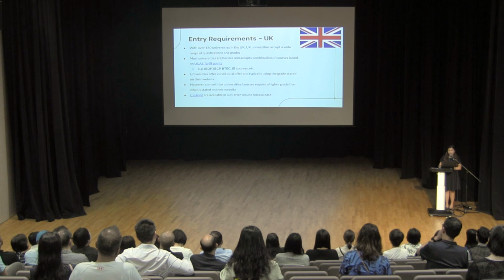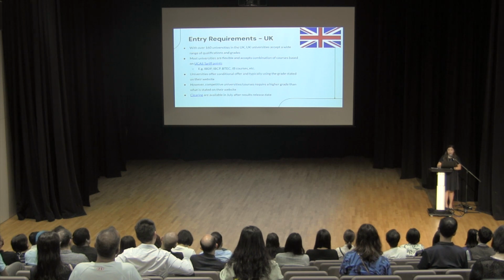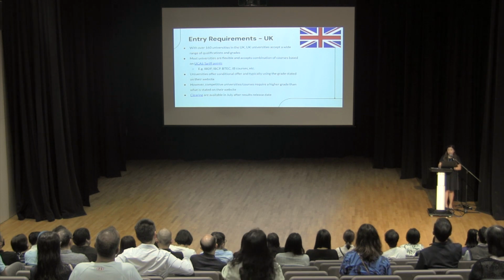Clearing is also available, which means you'll be able to reconsider some of the universities, or if you miss out on your conditional offer, you'll be able to reapply to some universities in summer after you've got your final results. The way it works is that you receive your final results, and you use them to contact different universities and ask about the availability of different programs.